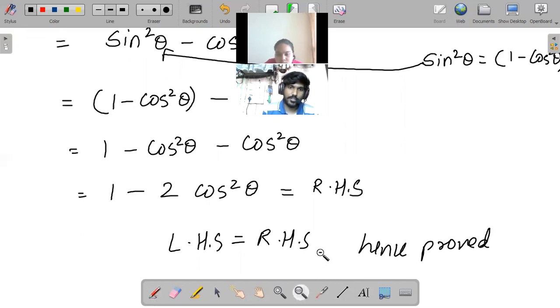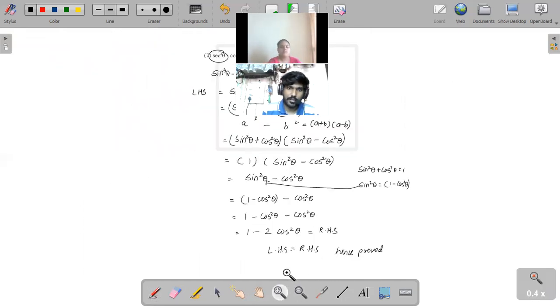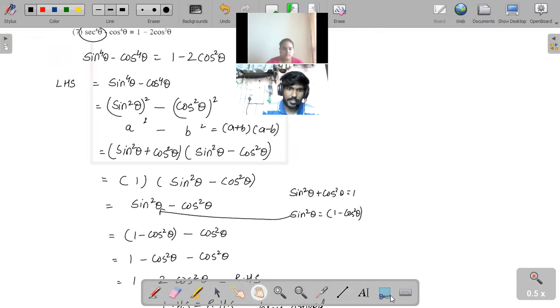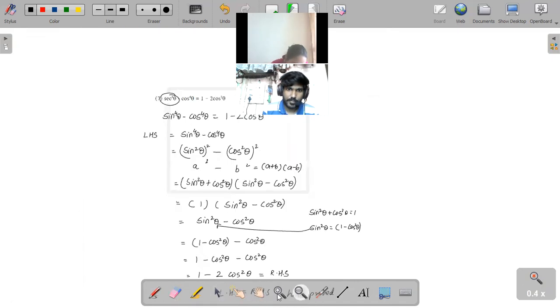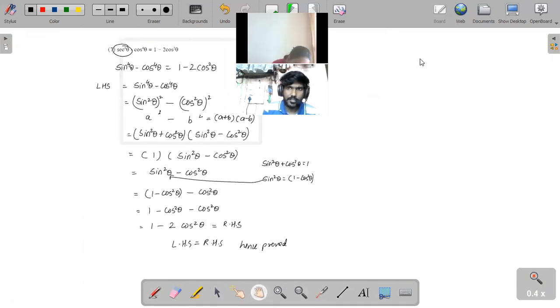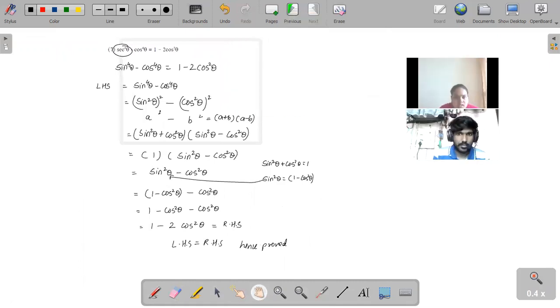Okay. Any doubts in the sum? Did you understand? Okay. First go through the sum from start to end and then write it down. Can you see the sum entire? Yes. Okay.